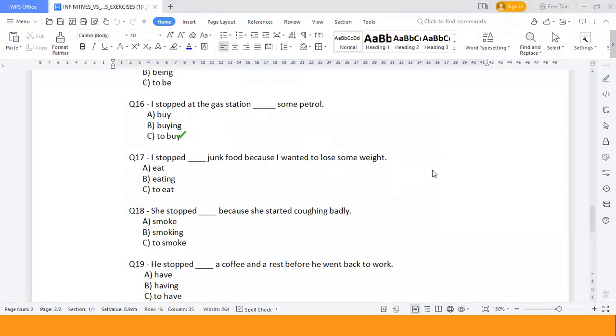Let's see 17. Alexis. I stopped eating junk food because I wanted to lose some weight. Yeah, but in this case, you decided not to eat junk food anymore because you want to lose some weight.